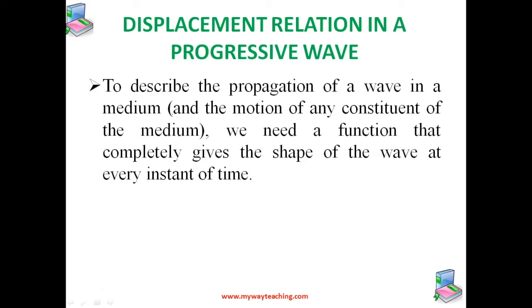Let us take one simple example. We shall take the wave to be transverse, so that if the position of the constituents of the medium is denoted by x, then the displacement from the equilibrium position may be denoted by y.